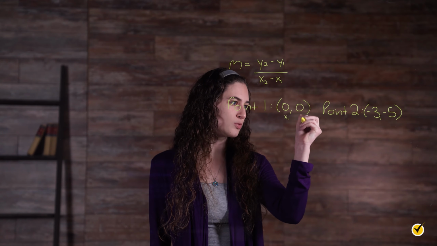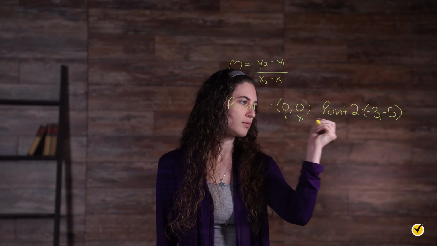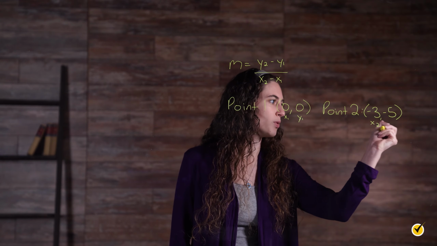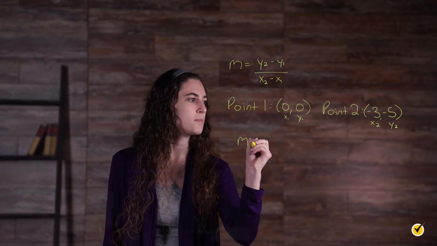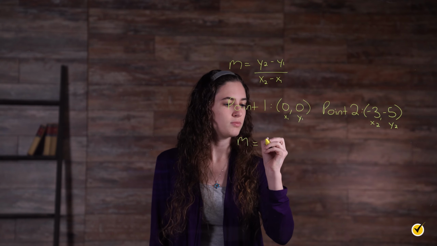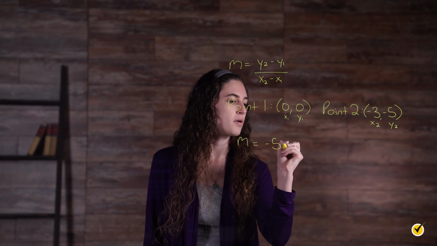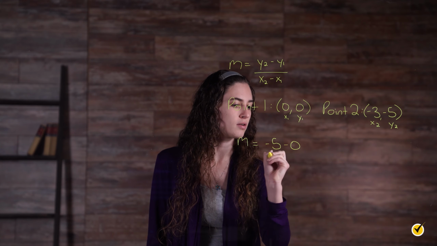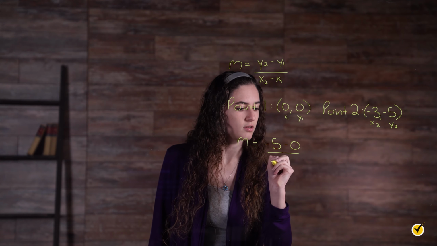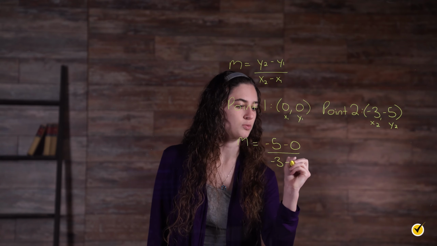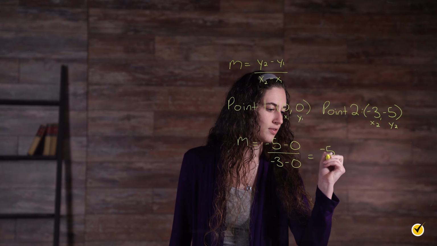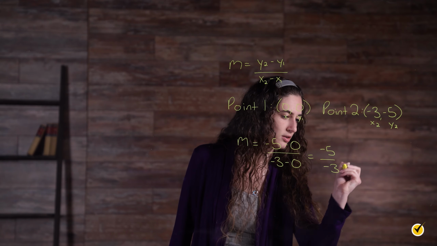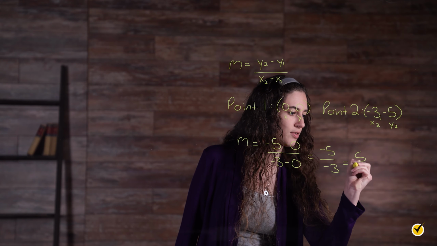So this is going to be our x1, y1, and our x2, y2. m equals y2 minus y1 over x2 minus x1. Which gives us -5 over -3, which is equal to 5 over 3.